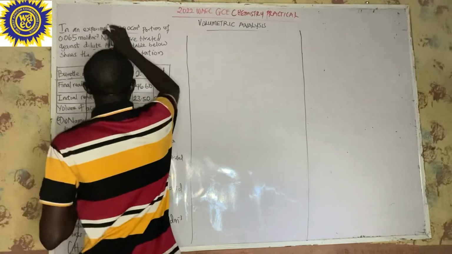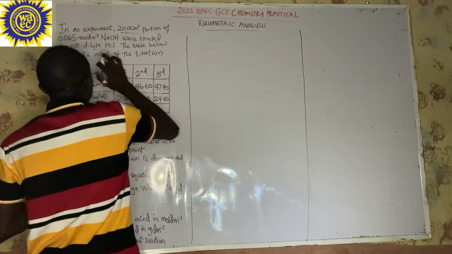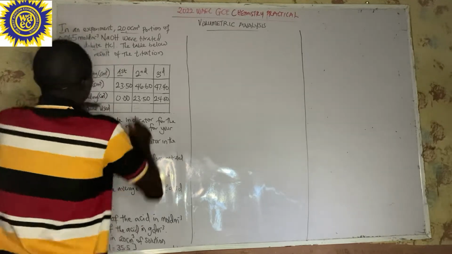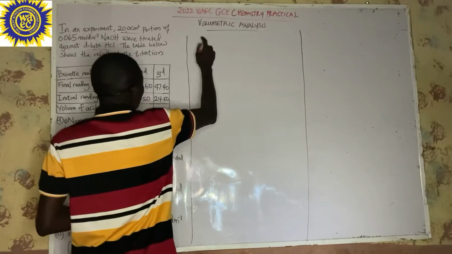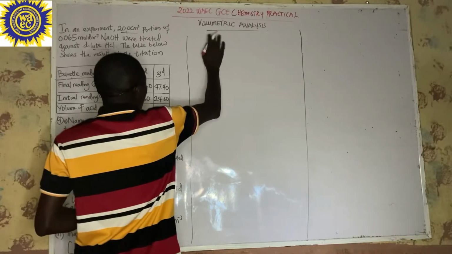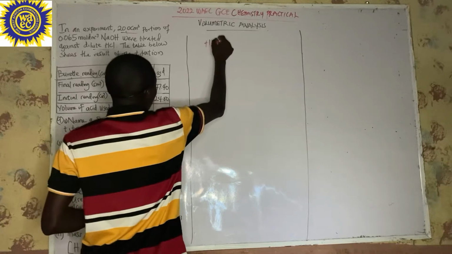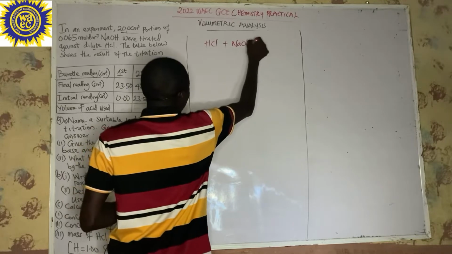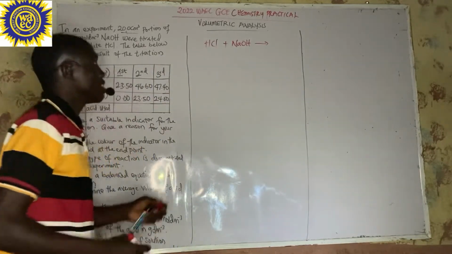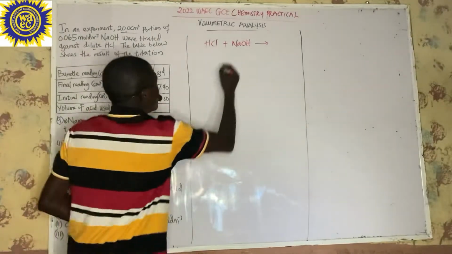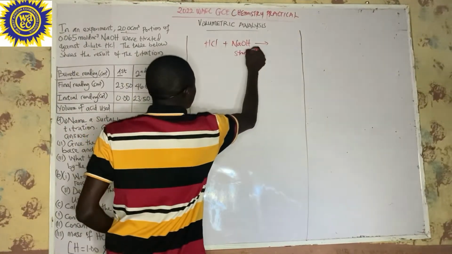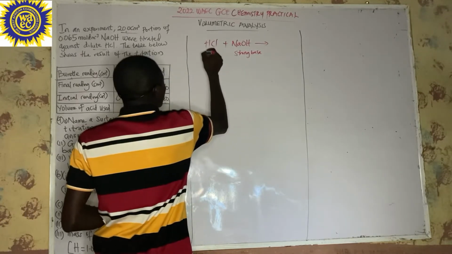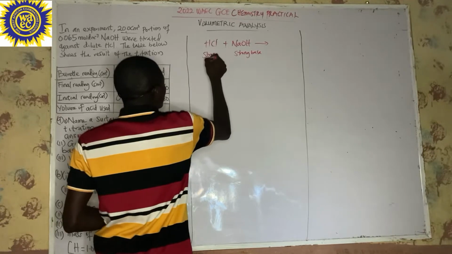We are given that a portion of 0.65 mol per dm cubed of sodium hydroxide was titrated with dilute HCl, meaning that we are having a titration between HCl, the acid, plus sodium hydroxide. Sodium hydroxide is a strong base, and HCl is a strong acid as well.